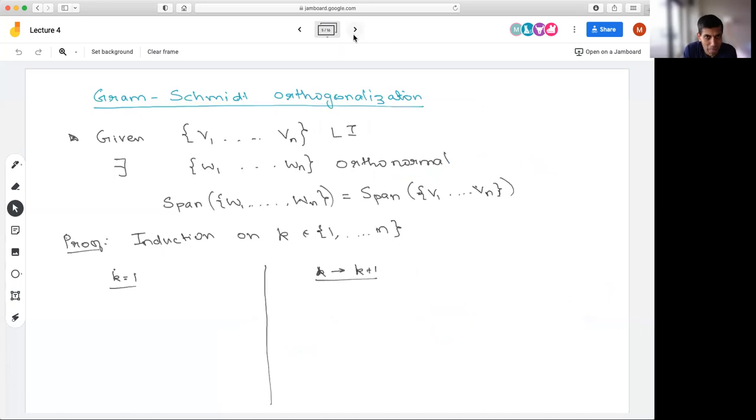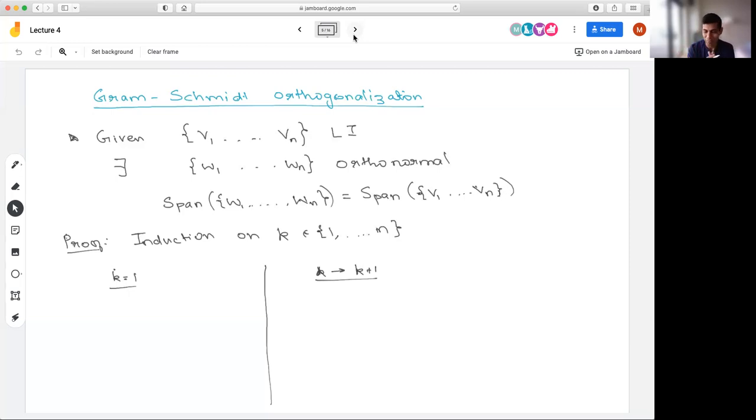Okay, so now let's go back to this issue of finding an orthonormal basis. And here we know something very nice: previously we said if you have a mutually orthogonal set of vectors, then they are linearly independent. You can also go in the other direction: if you have a set of linearly independent vectors, you can find another set of vectors which are mutually orthogonal, in fact orthonormal, with the same span.